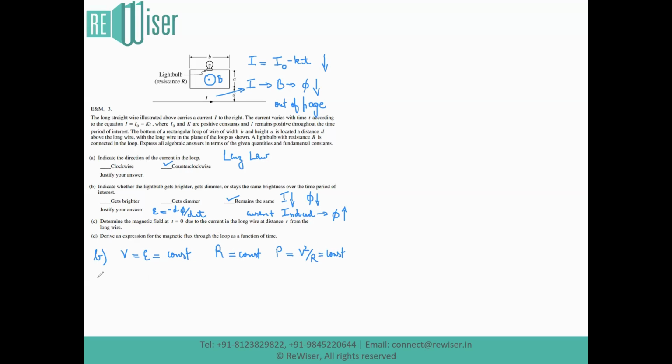Moving on to part C of the question. Part C asks us to find the magnetic field at time t equal to 0 due to the current in the long wire.